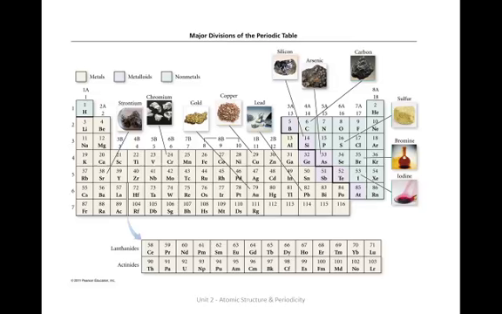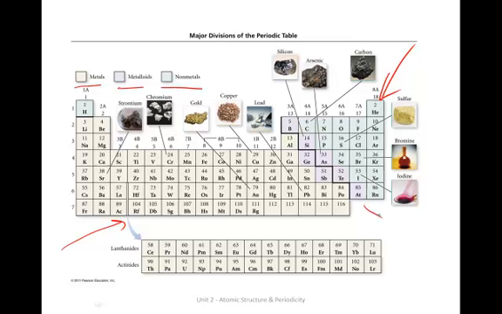And here we're going to illustrate the 3 broadest classifications of elements. We have metals, pictured here in light tan color, the nonmetals in the green color, and then the metalloids, which we'll discuss briefly, in the purplish color. You can see that the nonmetals are over here on the right side of the periodic table, and the metals are on the left side of the periodic table, and they constitute the majority of the elements.